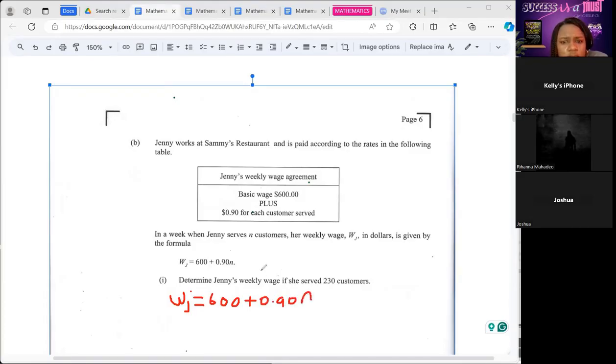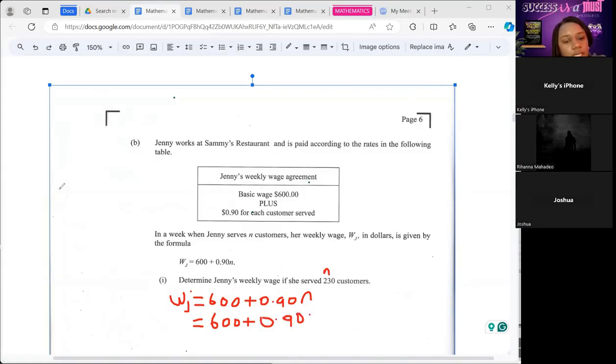So yes, using this, all you had to do, because this was straightforward, you just replace the letter N with the number of customers, because that's what this 230 represents. So 0.90 times 230.